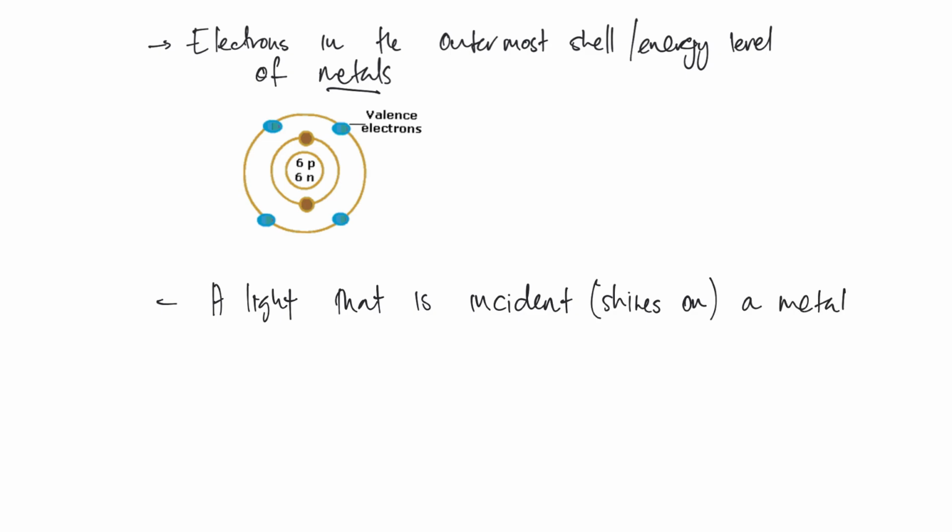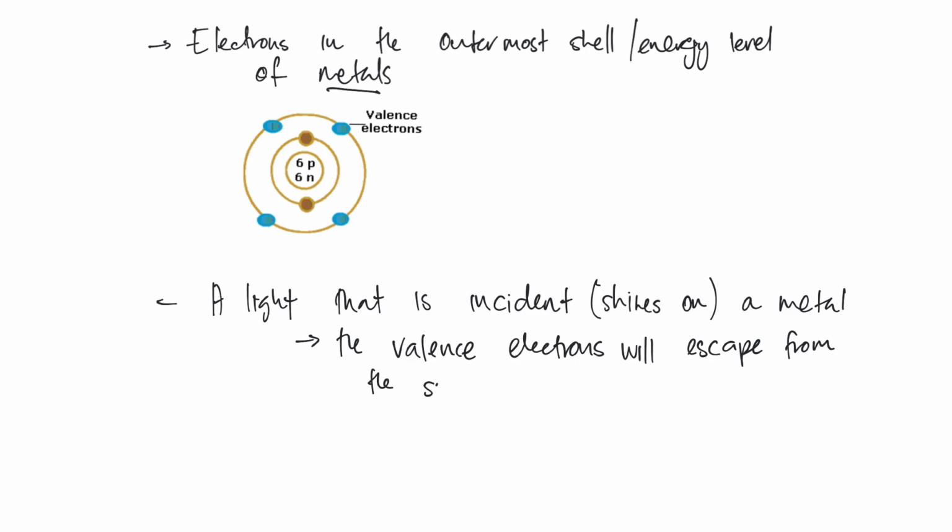And what's going to happen is the valence electrons will escape from the surface of the metal. All right. Now, in order to escape, they must be given enough energy.